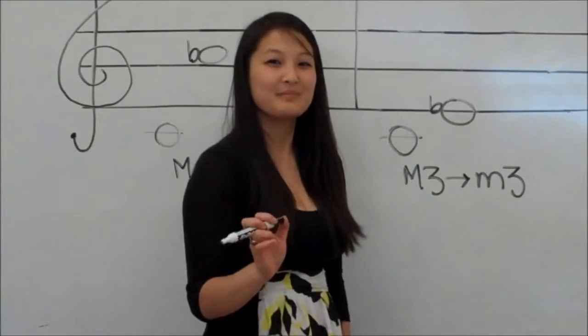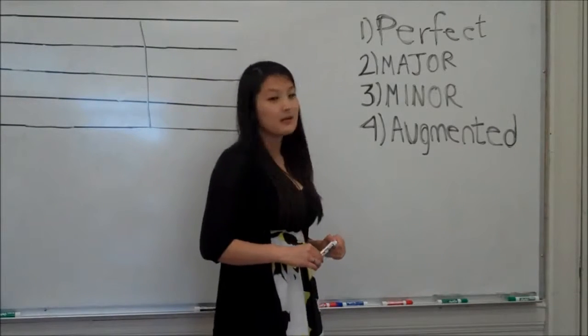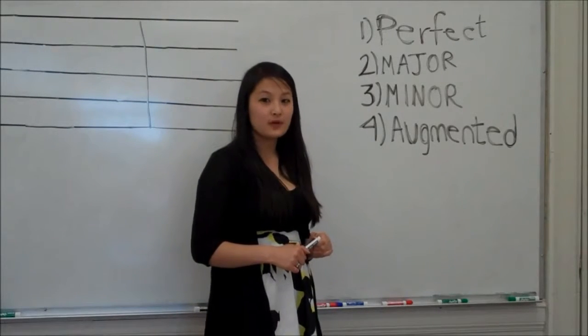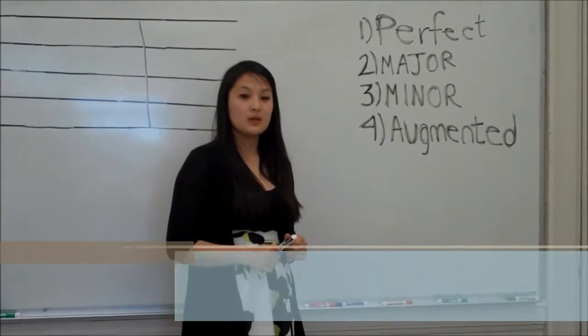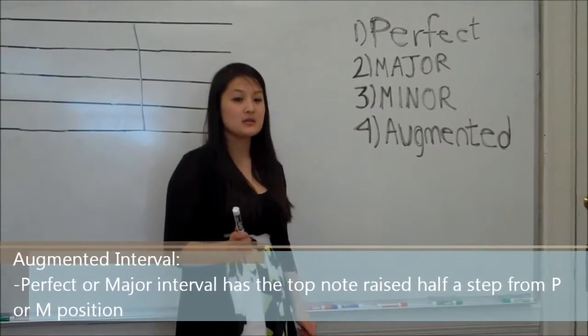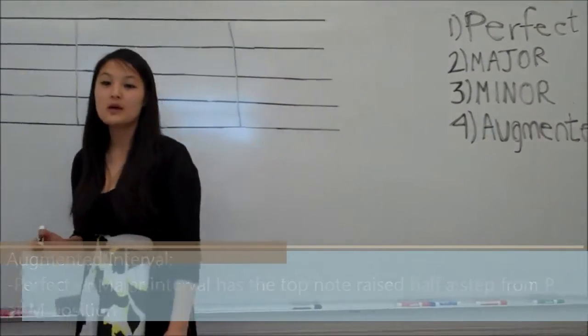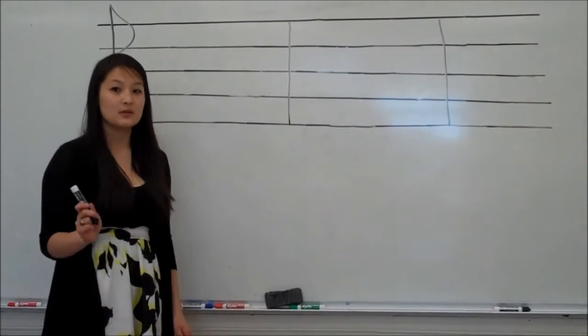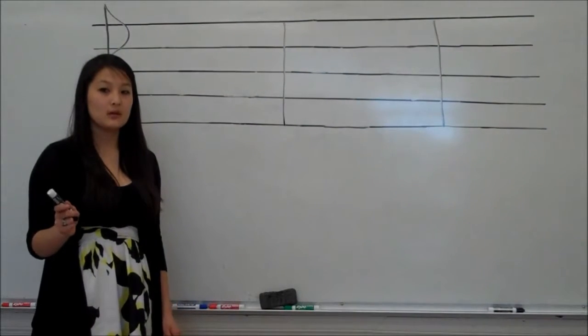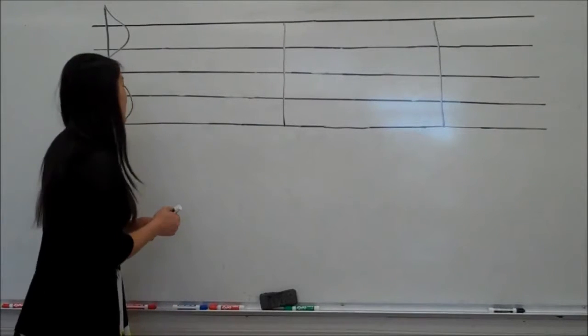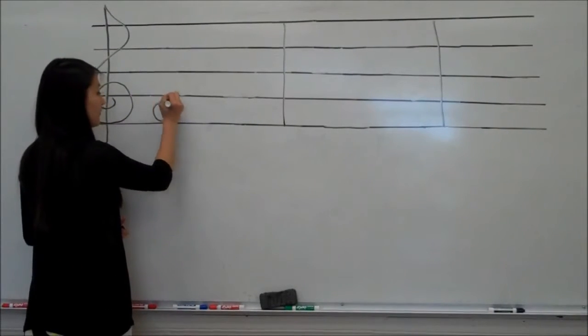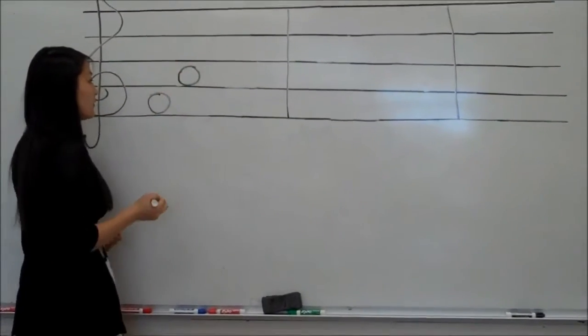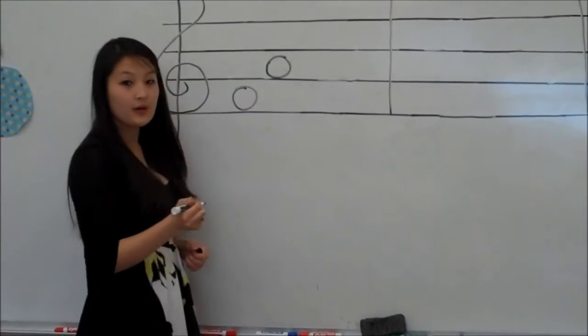So next we have the augmented interval, and this is if a perfect or a major interval is made 1/2 step higher without changing the interval number. So the top note is raised half a step from its major or perfect position. For example, if you had an F going to an A, which would normally be a major third.